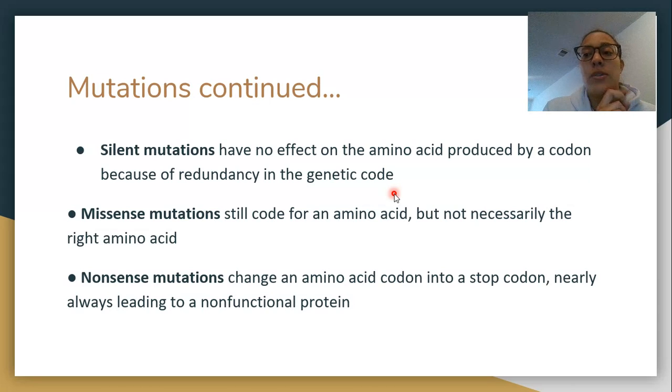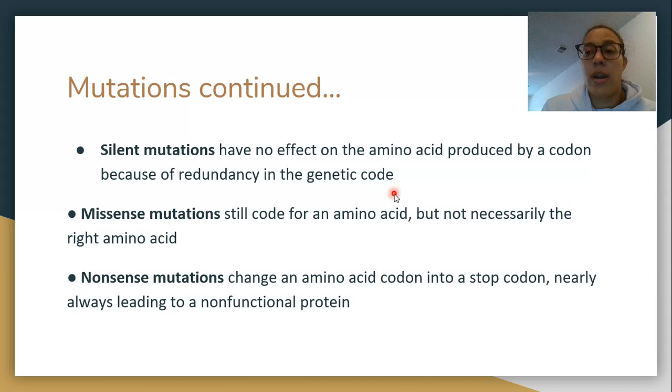Most of the time, those single base substitutions are what are known as silent mutations, where they actually don't have an effect on the polypeptide amino acid chain that eventually gets made. So the amino acid that is brought in is still the correct one, and there's no issue going on.